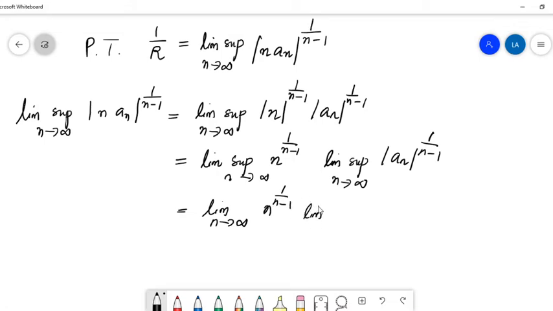So you have this: the supremum, n tends to infinity, of modulus of a_n the whole raised to 1 by n minus 1.